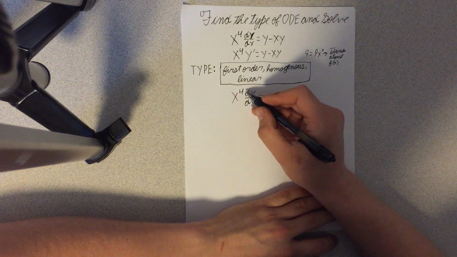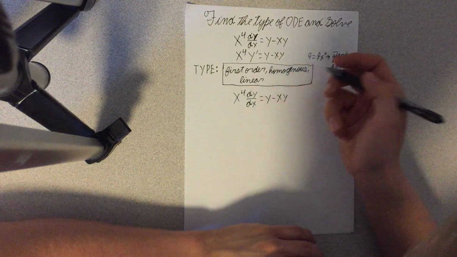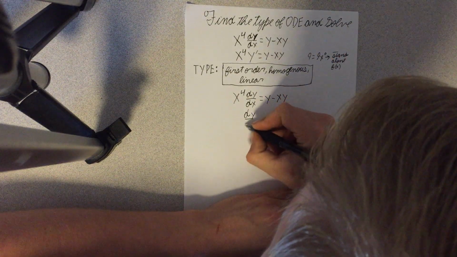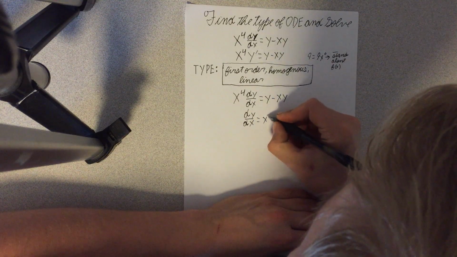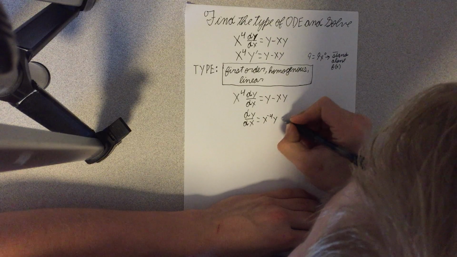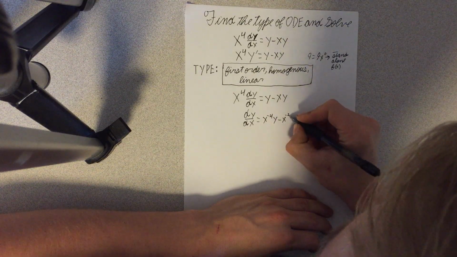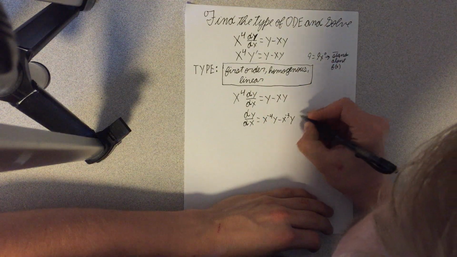So we're going to divide by our x to the fourth here, which is basically just timesing by x to the negative 4, which would yield us dy over dx equals x to the negative 4 times y minus x to the negative 3, 1 minus 4, negative 3, times y.